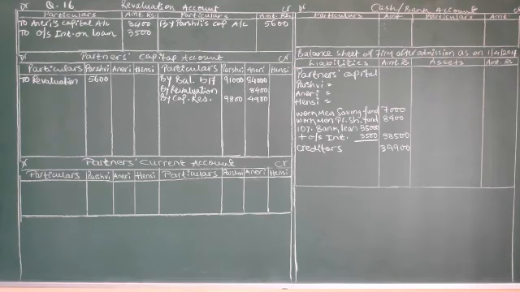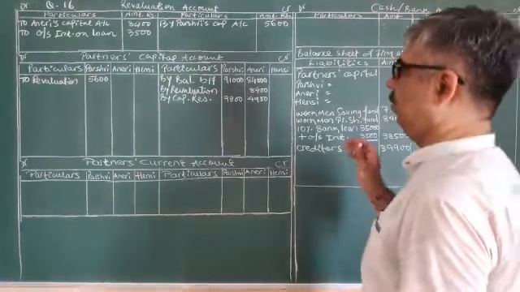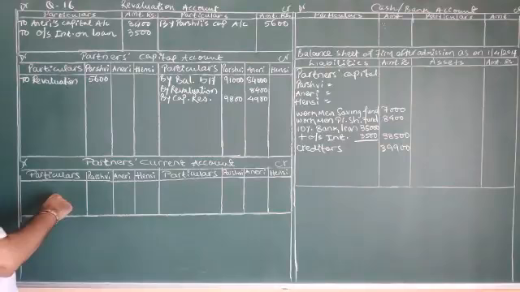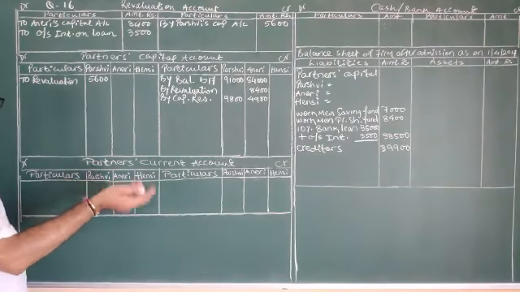So what I wanted to say, here old goodwill should be considered only and only in capital account. But new goodwill should be connected with this. We'll tell you at that time.